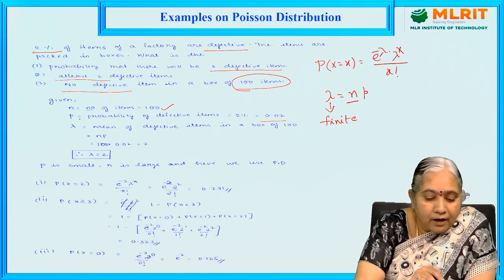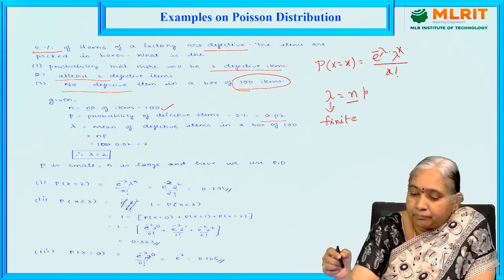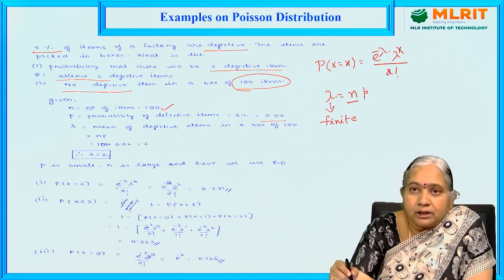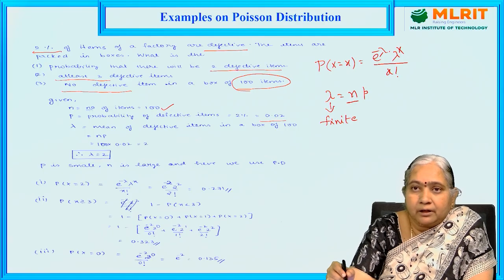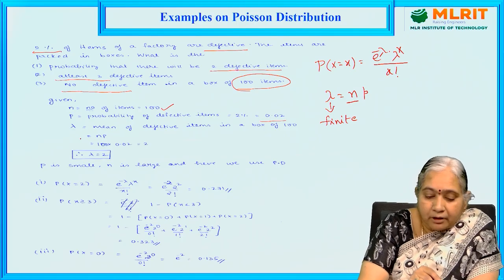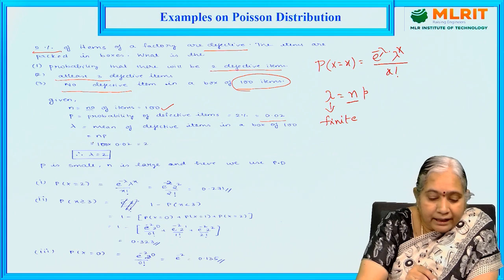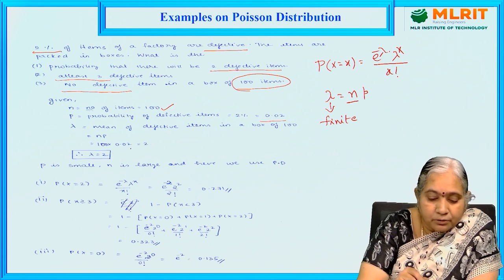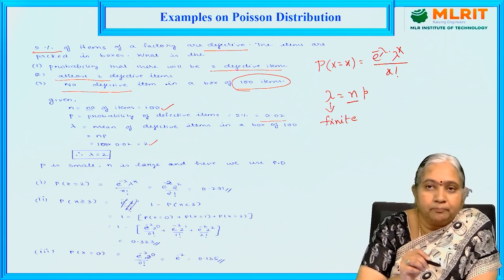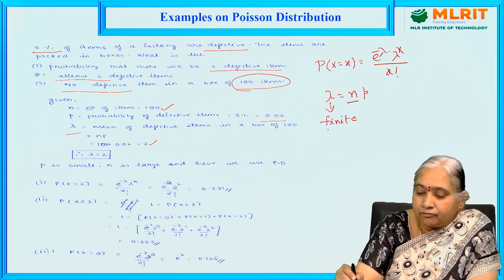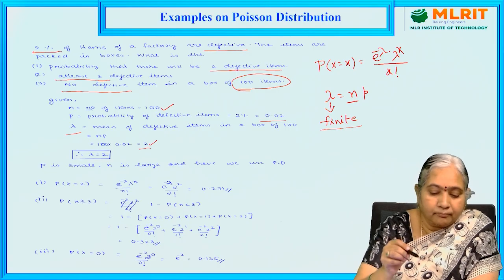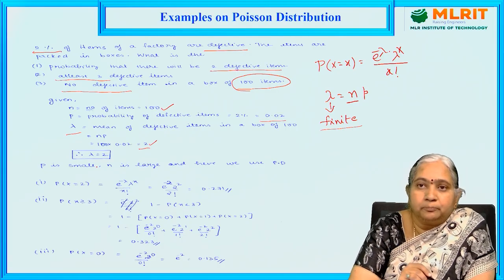We know the values of n and p, and we know that lambda equal to np, where lambda is the parameter of the Poisson distribution. So 100 into 0.02 means 2. So lambda is a finite value, lambda equal to 2.